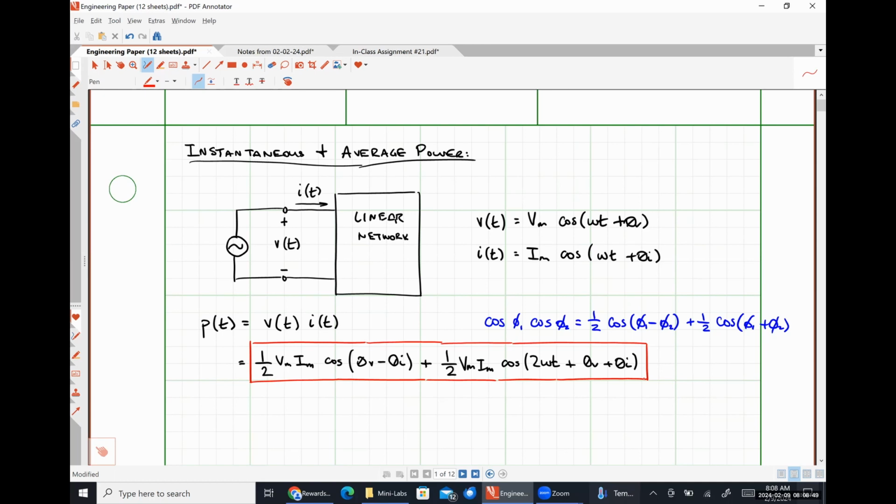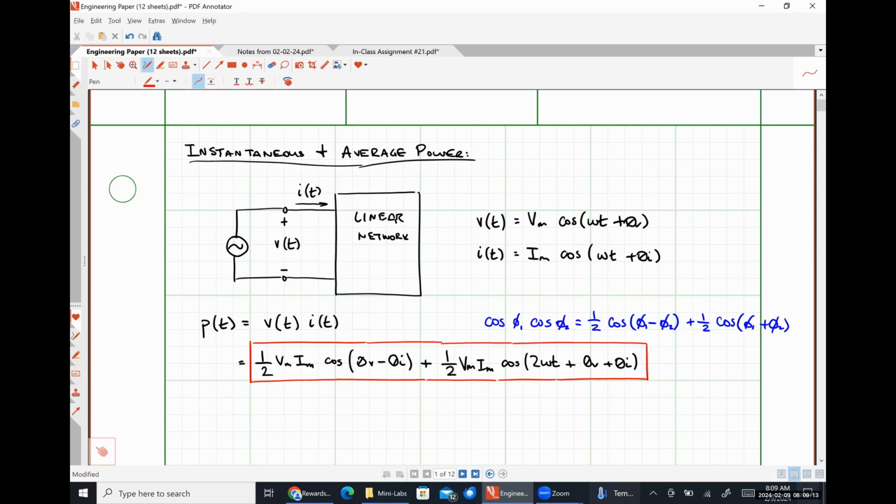So Vm is just the magnitude of a phasor voltage. Theta V is just the phase angle of a phasor voltage. Im is just the magnitude of a phasor current. Theta I is just the phase angle of a phasor current. So we're not going to ever have to do time domain circuit analysis, even though this equation suggests that everything is going on in the time domain.